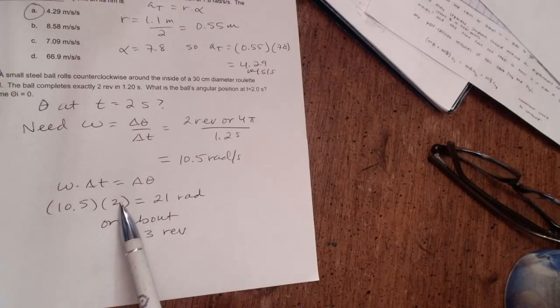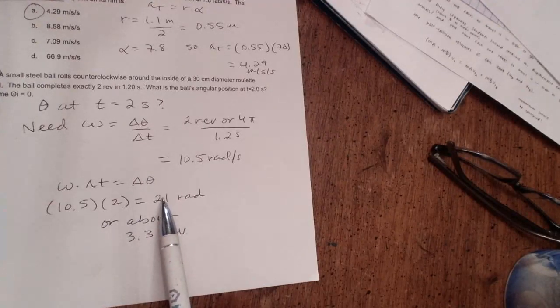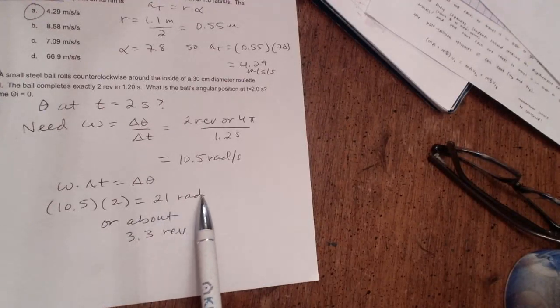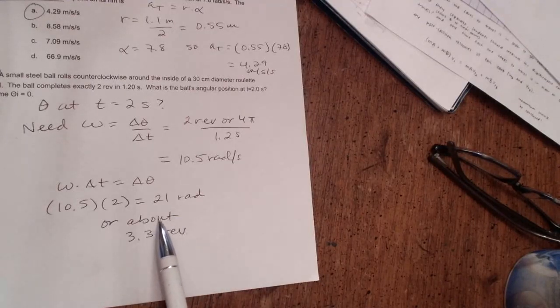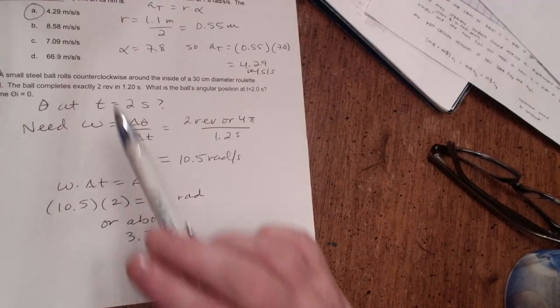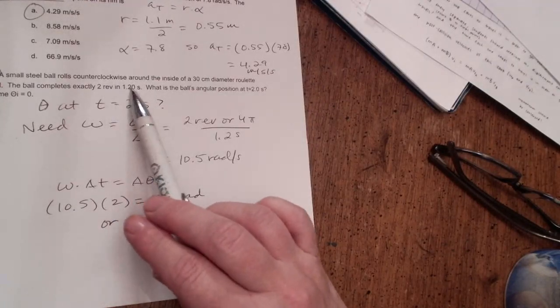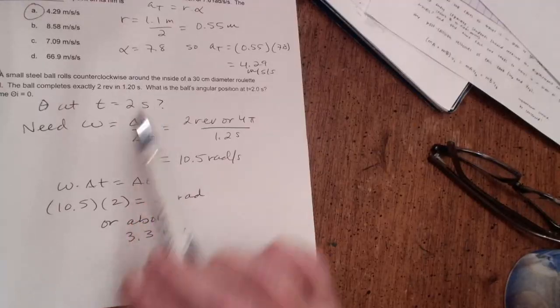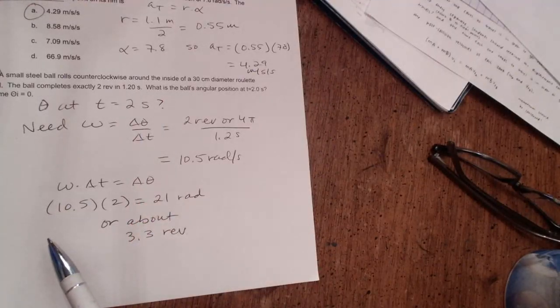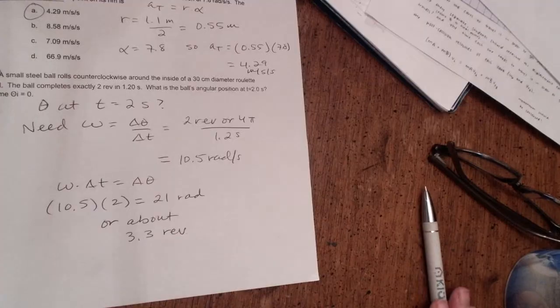Angular velocity times time, so it will be at 21 radians, or it will have gone about 3.3 revolutions at 2 seconds, based on this given in terms of how we get its angular velocity. So, okay, that's all the problems.